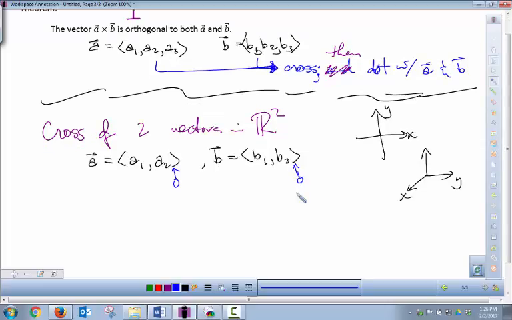All right? So imagine, before we do this computation, these 2 vectors on the plane. What happens when you cross them? You're supposed to get a vector that's perpendicular to the other 2 vectors, right? So which way is the vector going?